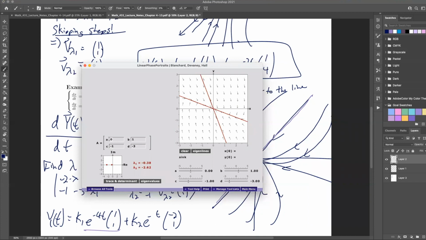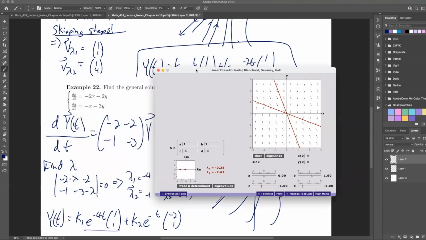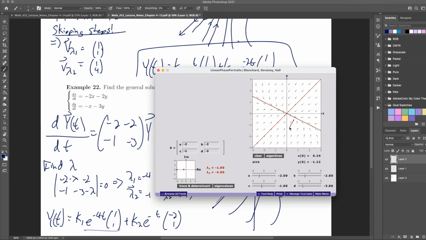I've done something wrong. These were -2 and -2 a second ago. All right, here we go. Drawing our eigenlines. Those are the eigenlines as we have drawn them. Notice which way the swoops are going: within the direction of the eigenline for lambda 2, so they're more in that direction. Does everyone see how the curvature works and how to draw that in?